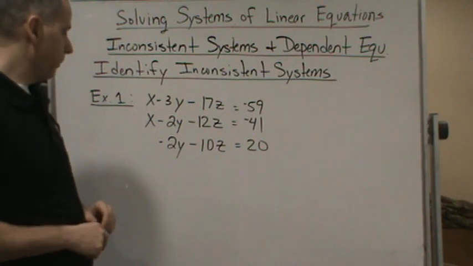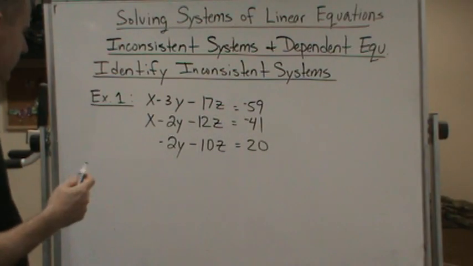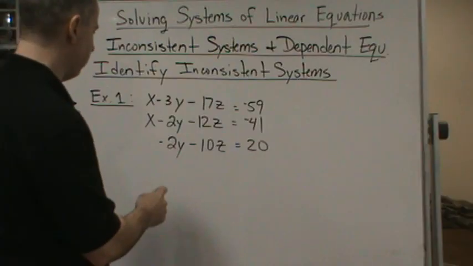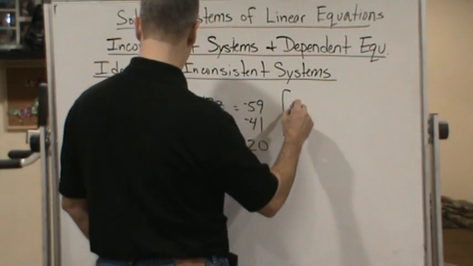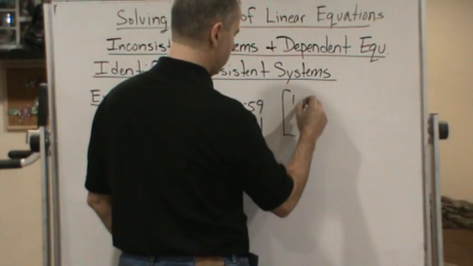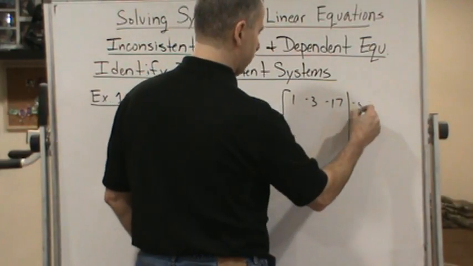So let's look at this example here. What we're going to do is set up the augmented matrix for this. So again, let's just draw it over here. This would be 1, -3, -17, and then -59.